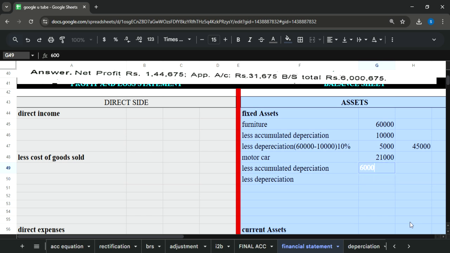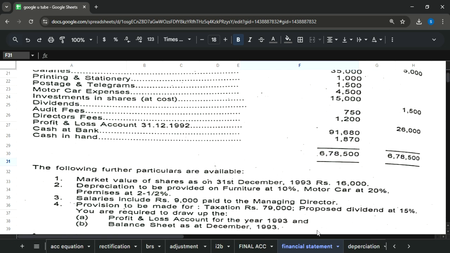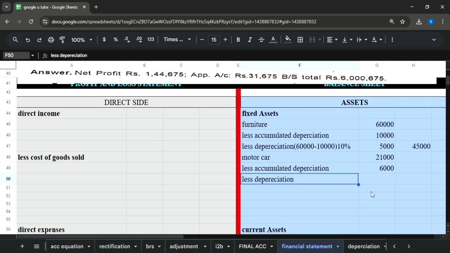This 6,000 will be written in front of accumulated depreciation, and now we will calculate current depreciation. For that, the rate of depreciation on the motor car is 20%. So come over here. Now see, we have the actual amount 21,000. You will subtract accumulated depreciation 6,000 and then you will take 20%. So in this way, we will be calculating current depreciation.